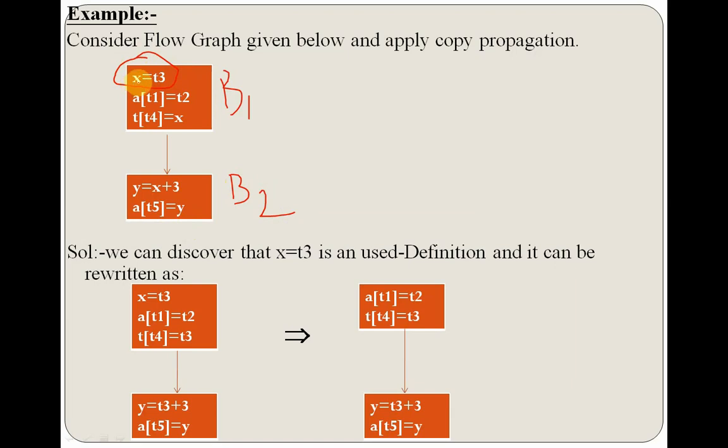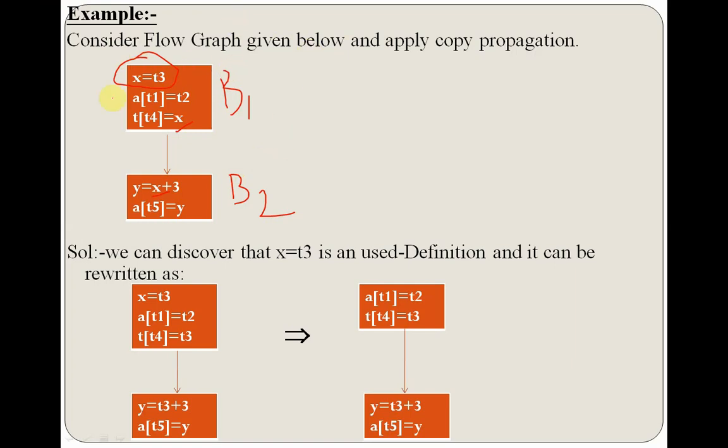So I am copying the T3 value to x, and I am using x here as well as here. So this copy statement can be eliminated. In which way? Instead of using x, I can directly use T3 wherever x is supposed to be used.